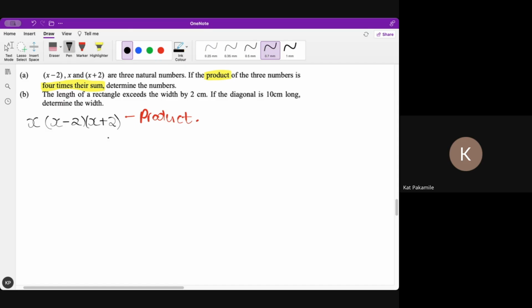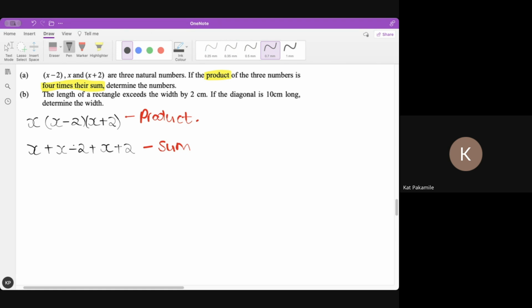So let's just do the sum first. Ne? So I'm going to say x plus x minus 2 plus x plus 2. This is the sum. And everybody is with me. Let's first simplify the sum. There's a reason I want us to simplify the sum first. Can we add the like terms there in the sum?